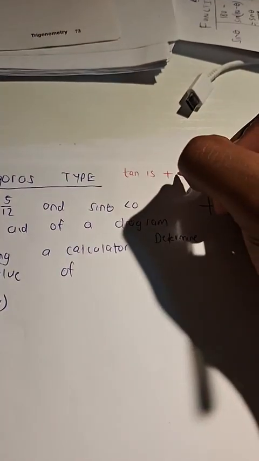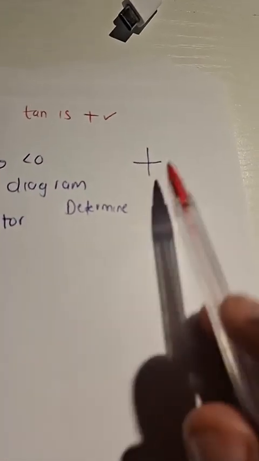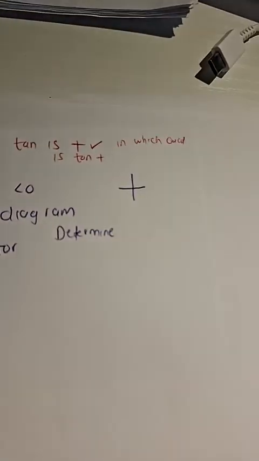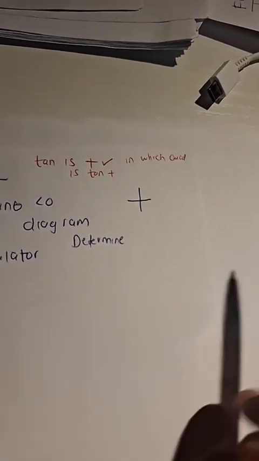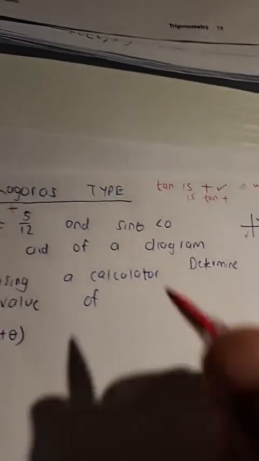So from that, we must ask ourselves, in which quadrant is tan positive? So let's first ask that. Where is tan positive? It's positive in the first and the third quadrant. Then 2.